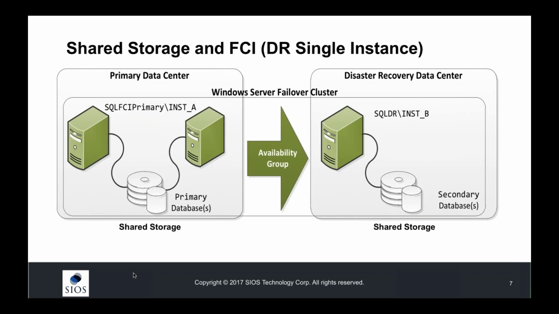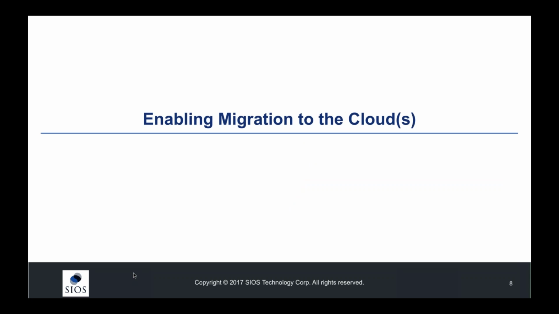You could then move into having a cluster of shared storage in one location and have that availability group realize a disaster recovery instance as a standalone on the other side of, you know, wherever that kilometer distance was.